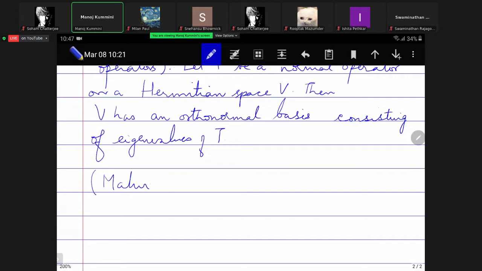So this is the operator version, and let me write down the matrix version, which I will not prove, but you should be able to check the details. Let A be an n by n normal matrix, meaning A star A equals A A star.